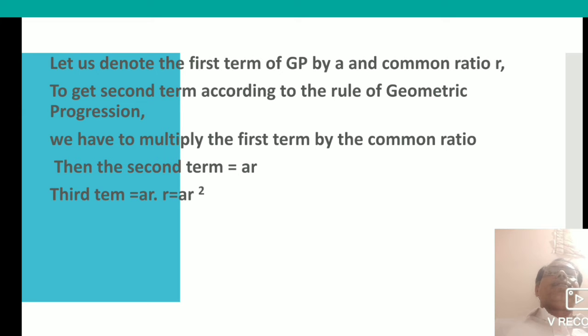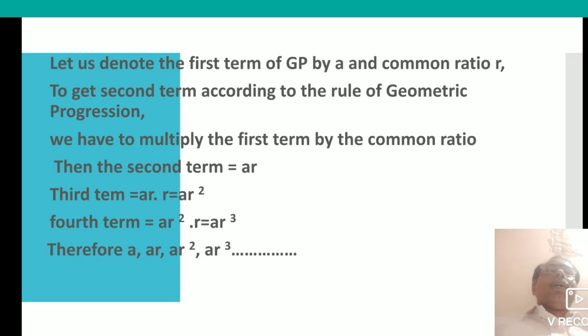And then the third term, ar into r, that is equal to ar squared, a into r to the power of 2. And then the fourth term, a into r squared into r, that is equal to ar cubed. Therefore, we get the list a, ar, ar squared, ar cubed, and so on.